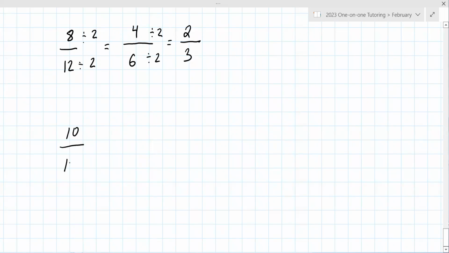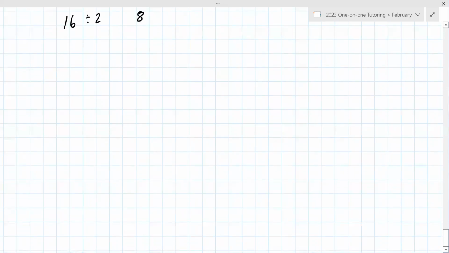Okay, let's try another one here. 10 over 16. Can you divide 10 by 2? Yes. Okay, what is 10 divided by 2? 5. How about 16 divided by 2? 8. Good. All right, let's try a little larger numbers.